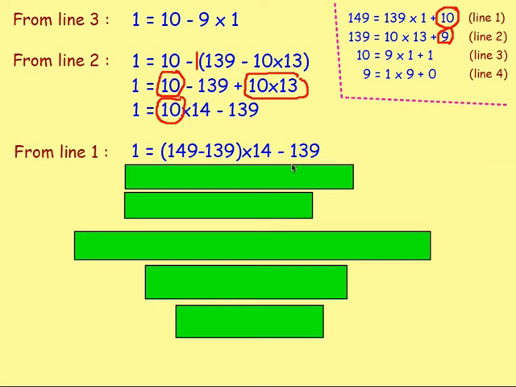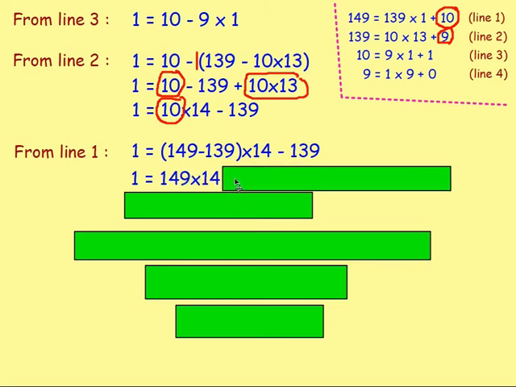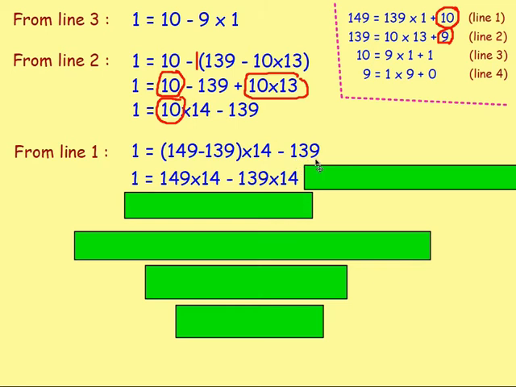Once again, because we have brackets here, we can multiply them out. So we've got what's in the brackets, we're multiplying by 14. So if we multiply that, we would have 14 times the 149. So 149 times 14. And we're taking away the 139 times 14 as well. And on the end, it's take away 139. Can we do anything with that? Can we simplify anything?